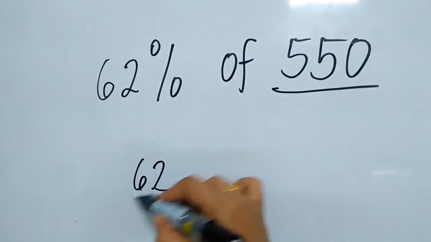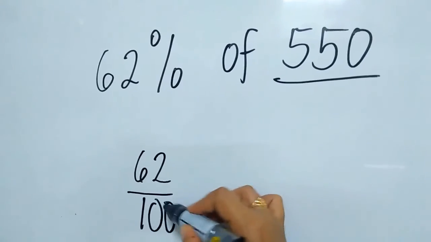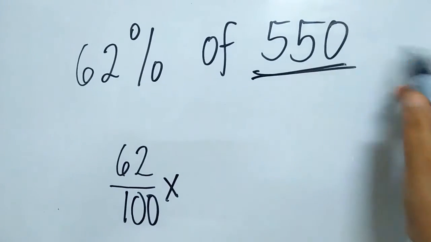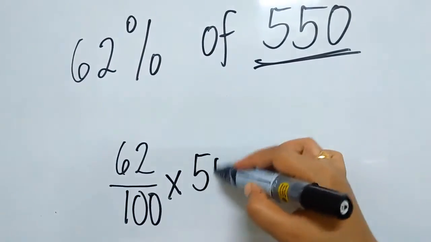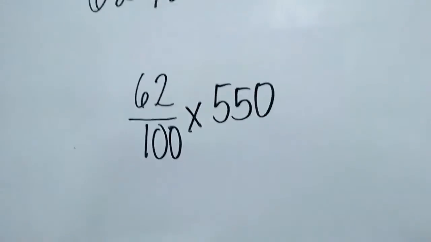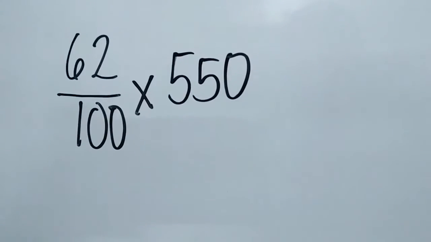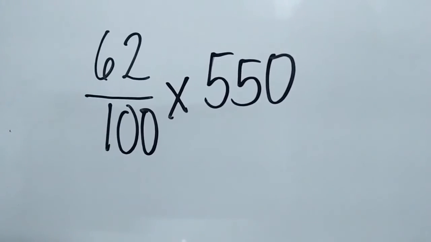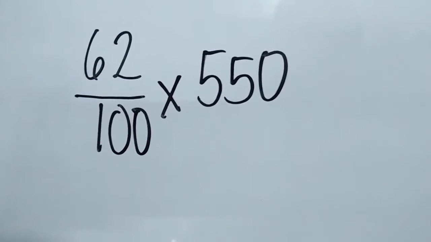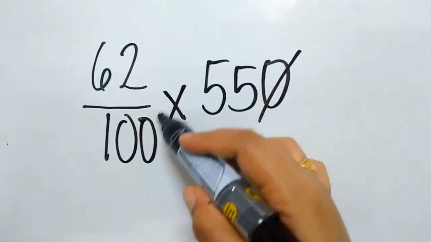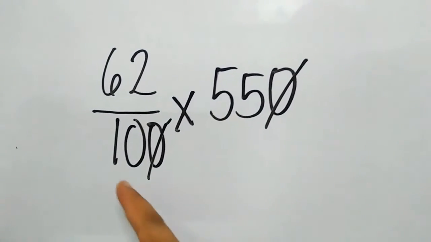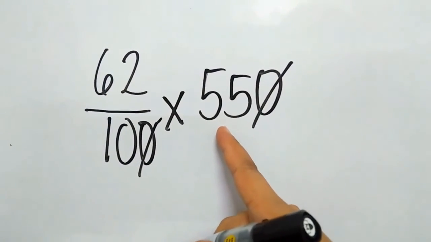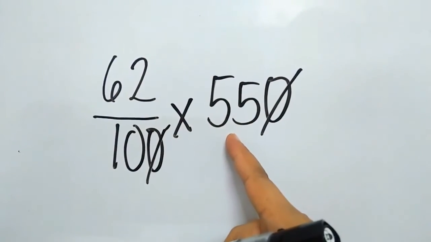For the second method, the percentage we're going to make into a fraction. So 62 over 100, then multiply by 550. Let's see what numbers we can simplify. Yes, we can take out the zeros. What else? 10 and 55, by dividing by 5.